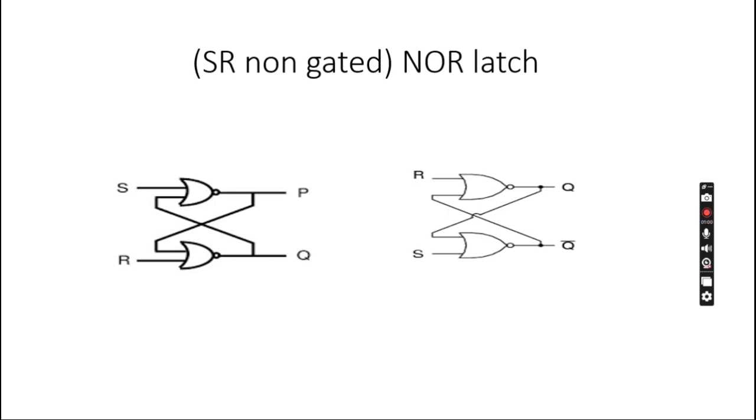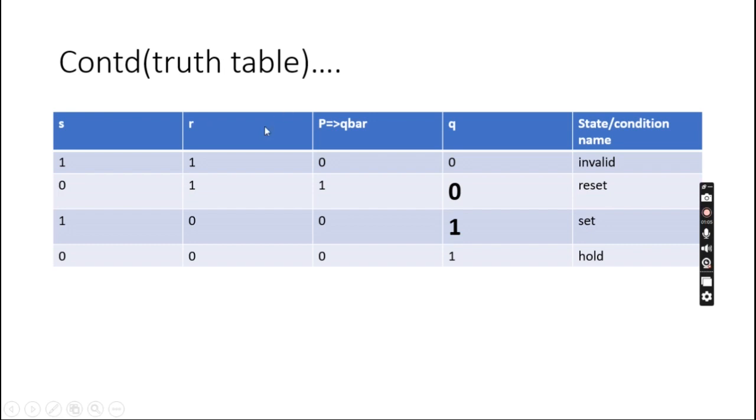Now we'll see the operation step by step. This is the truth table. Here SR are 2 inputs and we will get 4 combinations. Here I have not started with 0 0, as I did in the SR NAND latch. The reason is that the NAND latch will be in an invalid state when we apply 0 0.